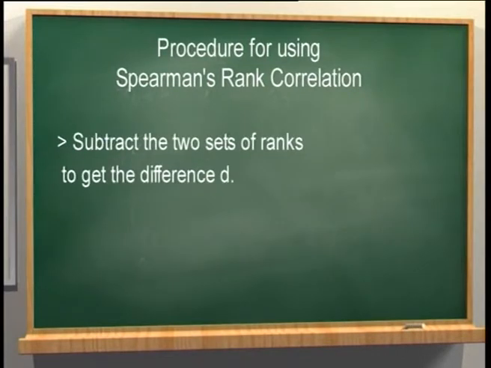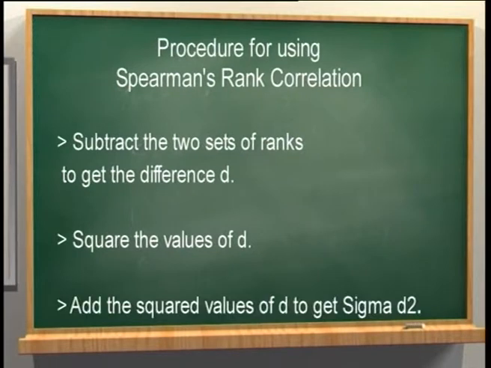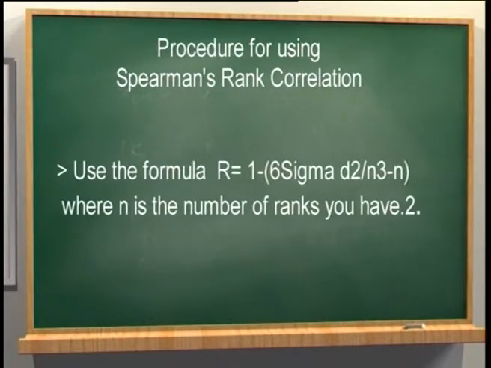Subtract the two sets of ranks to get the difference D. Square the values of D. Add the squared values of D to get sigma D squared. Use the formula R equals 1 minus 6 sigma D squared over n cubed minus n, where n is the number of ranks you have.